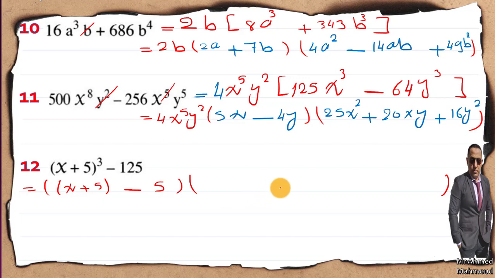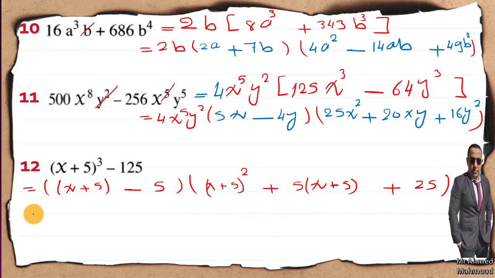Here minus and here plus and here also plus. First power of 2, so (x plus 5) all power of 2. Second power of 2, 5 power of 2, 25.